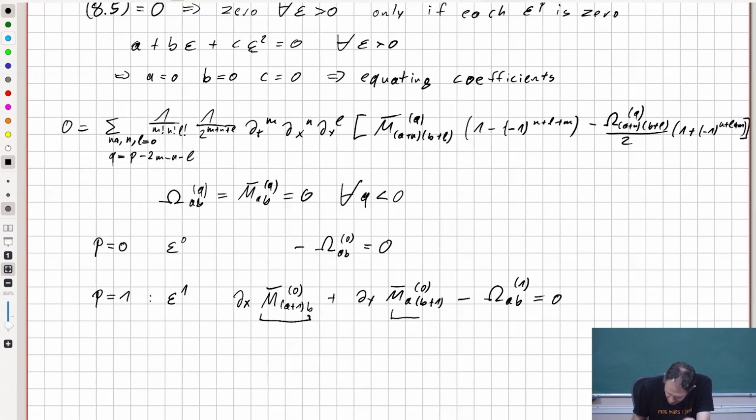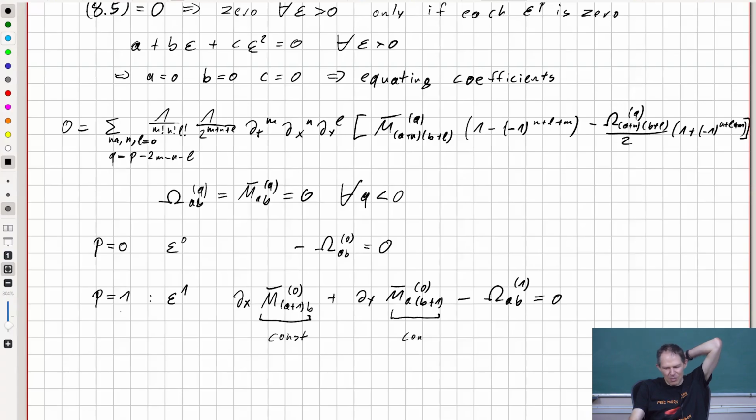Now, this is our choice, basically. Our choice was that the velocity solution comes at first order and not at 0 order. So this means that we may have something at 0 order, but whatever we have at 0 order would be constant.